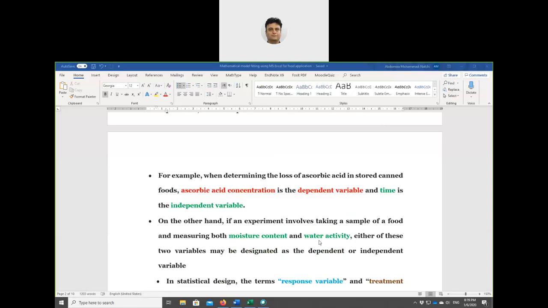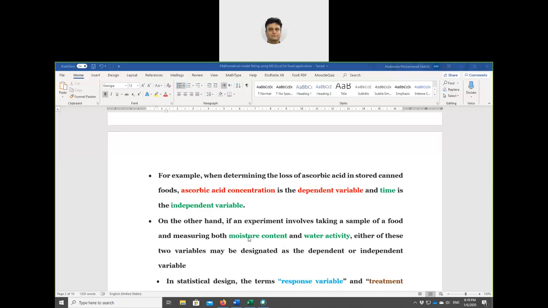On the other hand, if an experiment involves taking a sample of a food and measuring both moisture content and water activity together, either of these two variables may be designated as the dependent or independent one. Sometimes we say that moisture content is a function of water activity, and sometimes we say water activity is a function of moisture content.